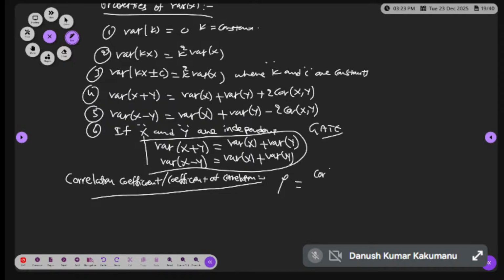What is the formula? Covariance of x comma y divided by sigma x into sigma y. That is the formula for the correlation coefficient.